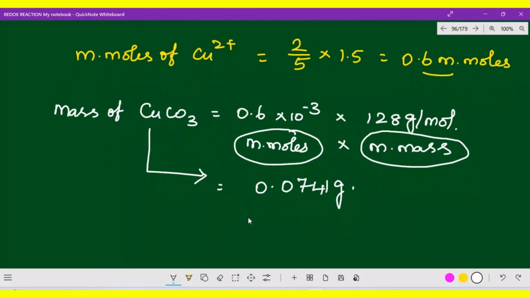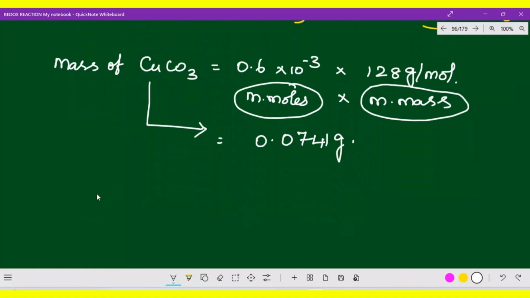Now we have to go for the mass percentage of copper carbonate. I hope you got that idea.